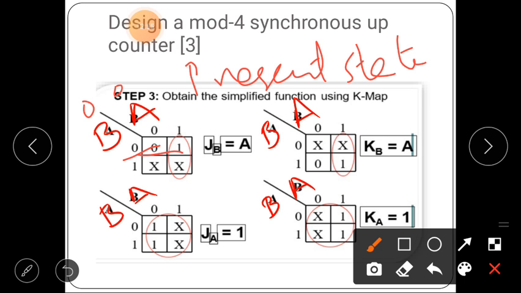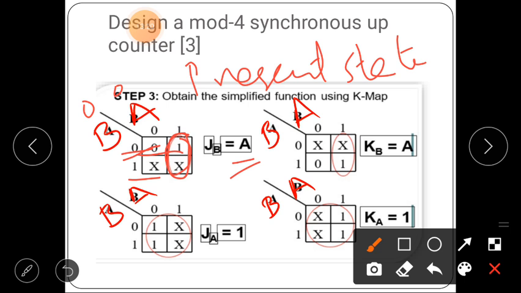Then for 01 we put 1. For 10 it will be x, and for 11 it is x. So we group the first two cells, then we get 1x. Here we will get A.